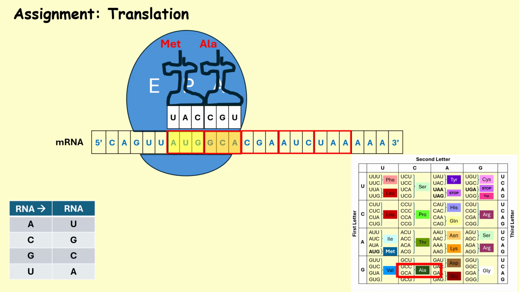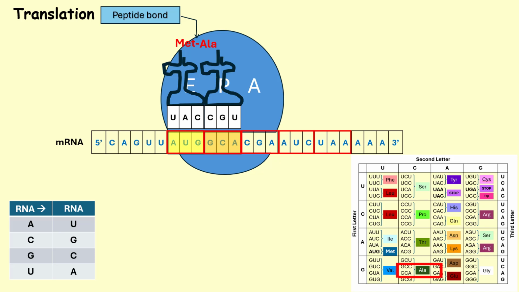Respective transfer RNAs will compare their anticodons with that of the messenger RNA codons, and it will determine which tRNAs will bring in their specific amino acids into the ribosomal complex. In this example, the transfer RNA that complements the codon CGA will always bring in an alanine to the complex.